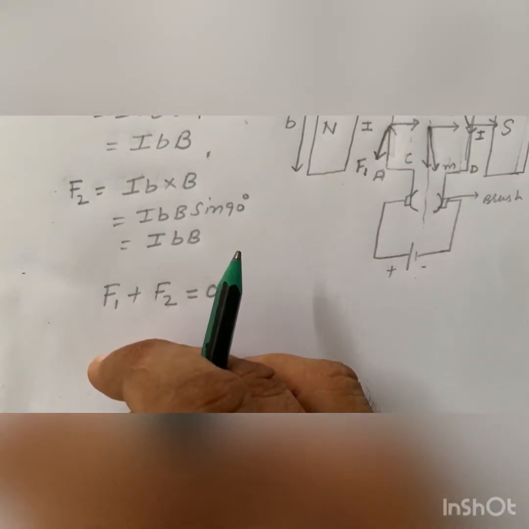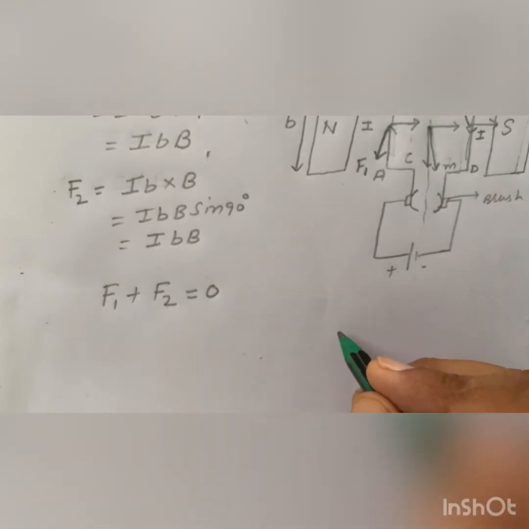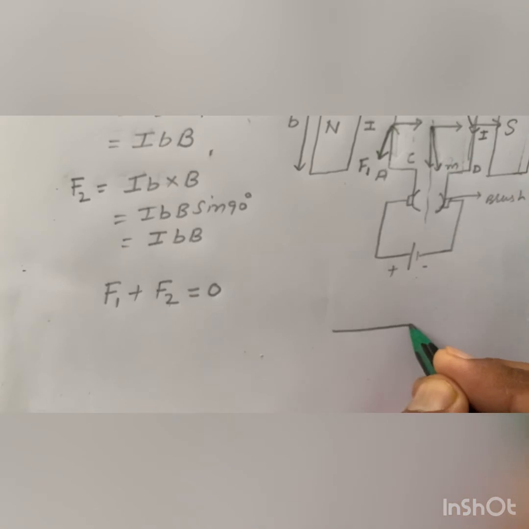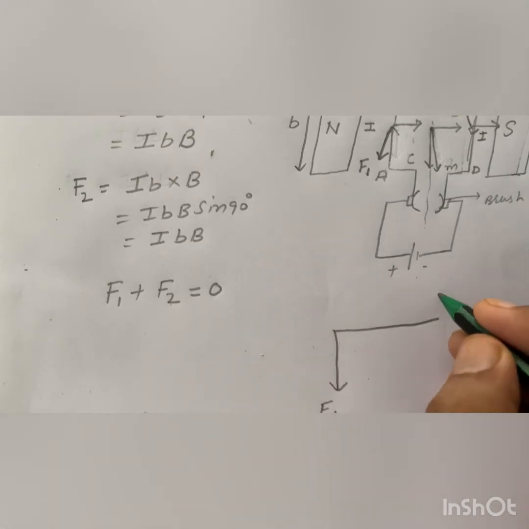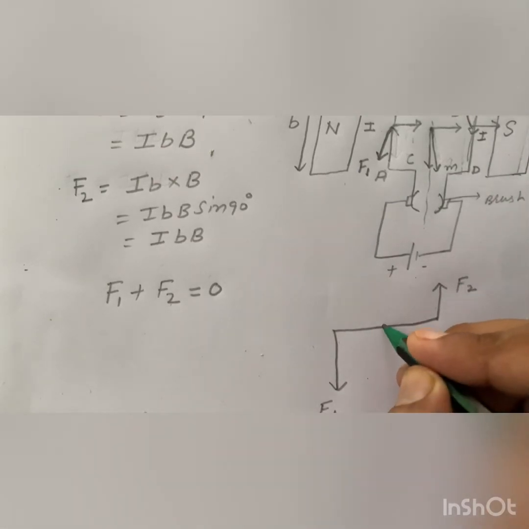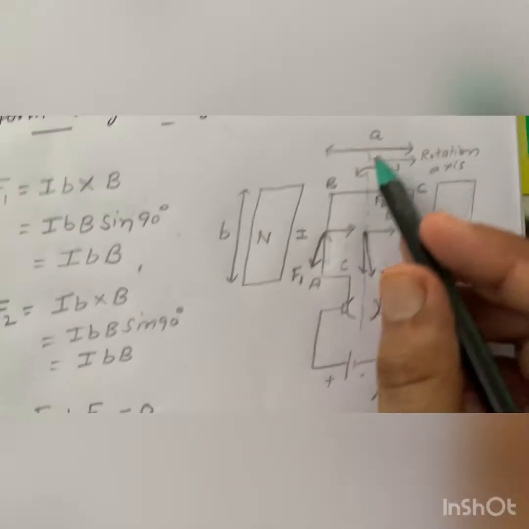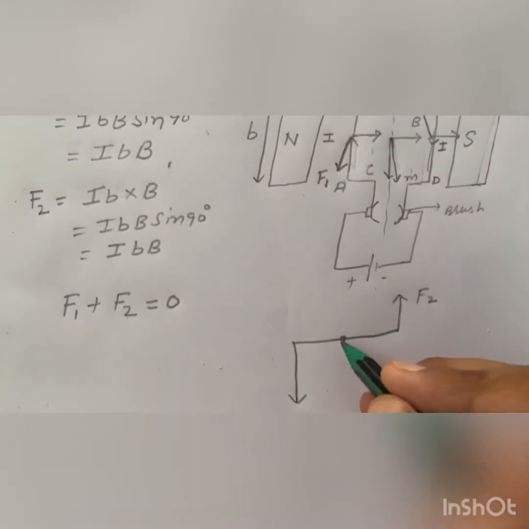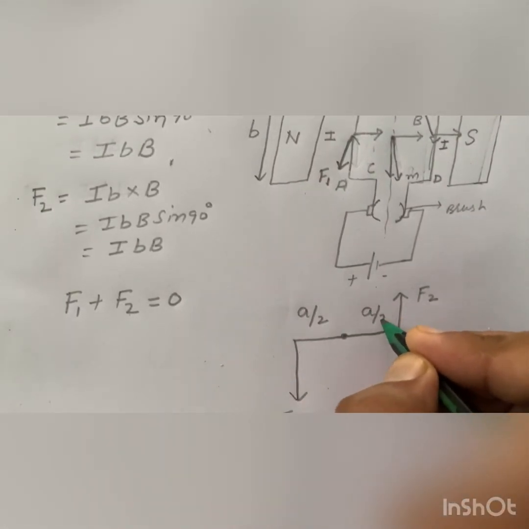Now we see torque. There is a torque acting on it. The torque is given by, here we see, one force is acting in this direction and another force is acting in this direction, the upper direction. This is the middle. Here this length is a, so we divide it into two parts, a by 2, a by 2.